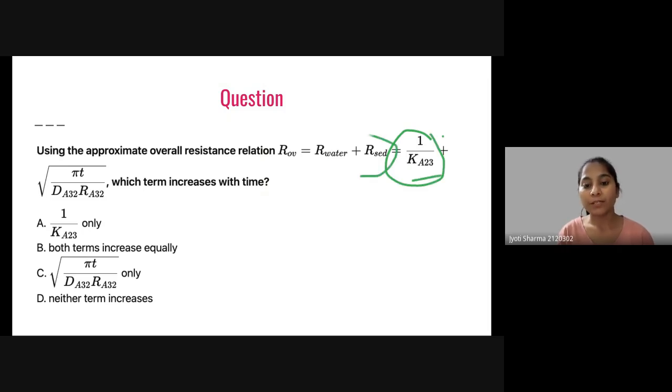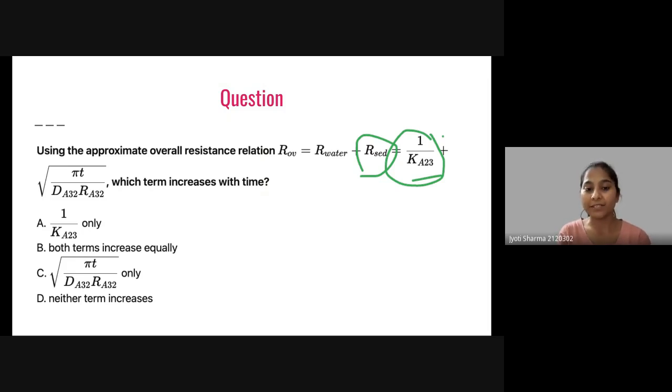But if it is from the sediment side, because as I told you, the flux is dependent on the time, so this is square root of pi t divided by diffusivity, that is Da32, multiplied by retardation factor, Ra32. Which term increases with time?